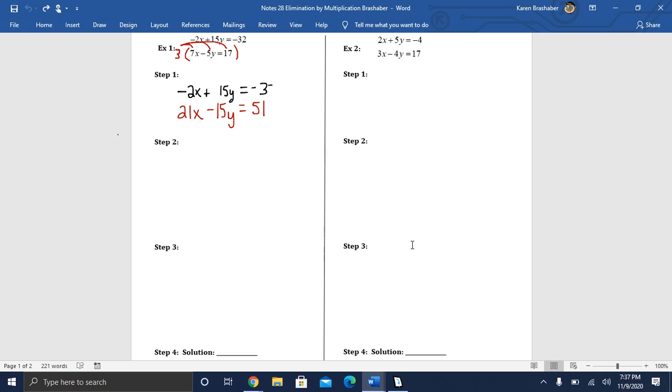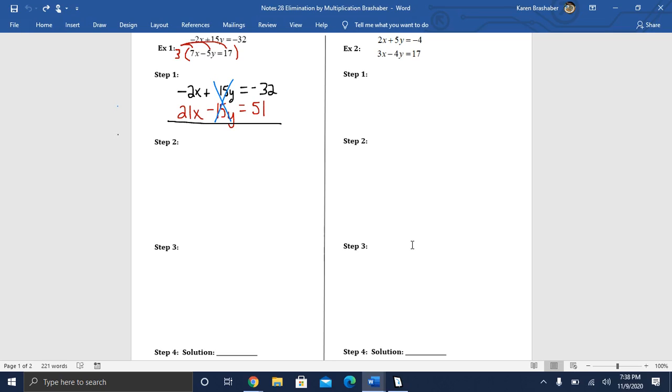I think it is good to have those two equations right beside each other, stacked up so that your eyes can see what is happening. As we add the two equations, what we created happened. The 15y and the negative 15y cancel each other out.